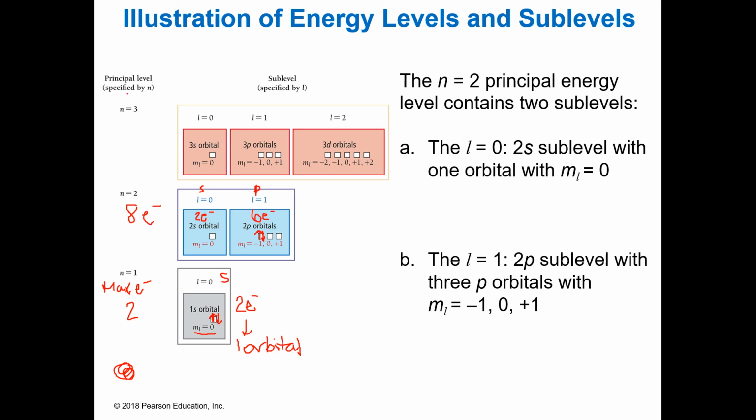Okay, shell number 3, we know, is broken up into 3 subshells: the S, P, and D. S has 2 electrons, 1 subshell. P has 6 electrons. D has 10.